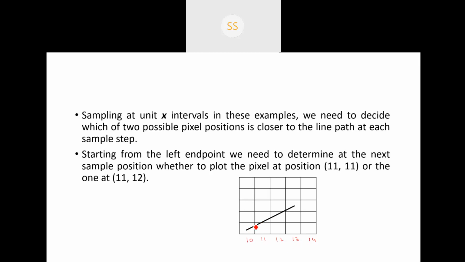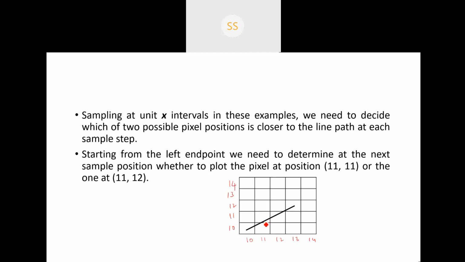Now when I draw this particular line, I'll give the y-axis also: 10, 11, 12, 13, 14. When you see this line, the first pixel is fine. It is at position 10, 10. Now when I come to the next pixel position for this segment of my line, I see that it is not contained in a single pixel position.